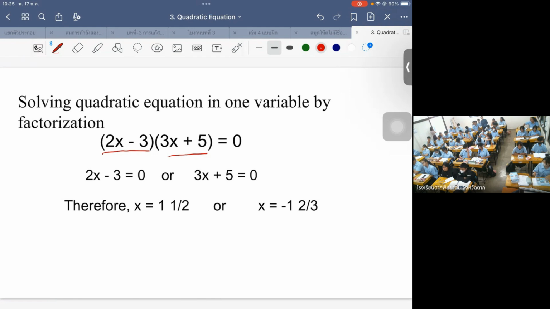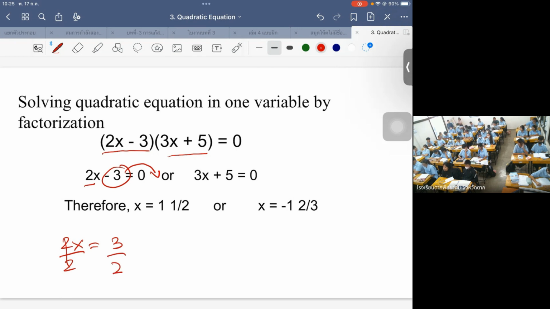So to process this, we need to transpose again, which is positive 3. And then divide both sides by 2. So the answer is 3/2, or simplified, 1 and 1/2. Okay? 1 and 1/2.